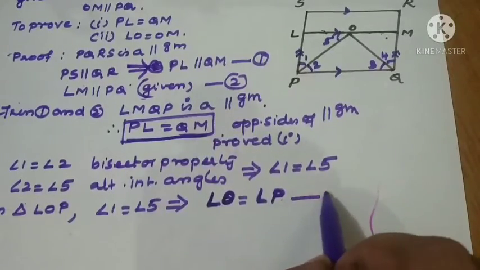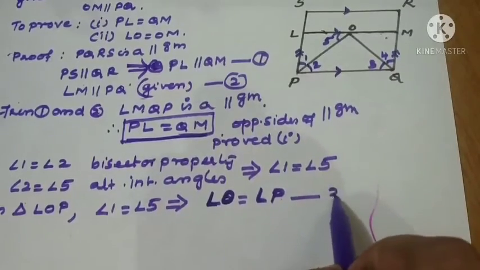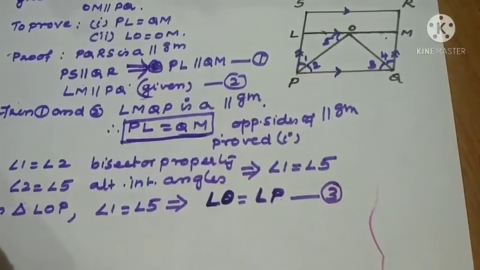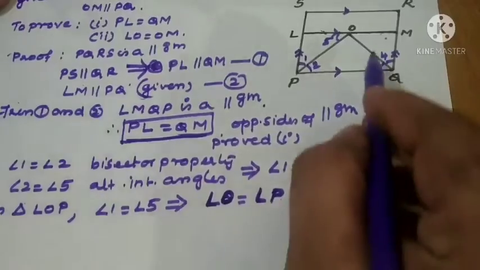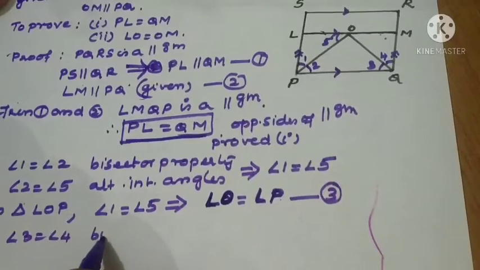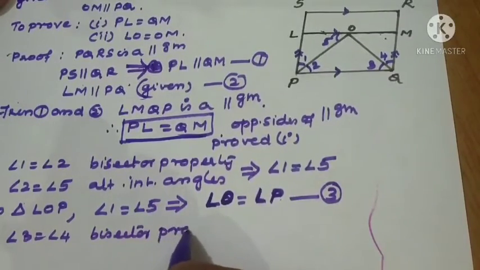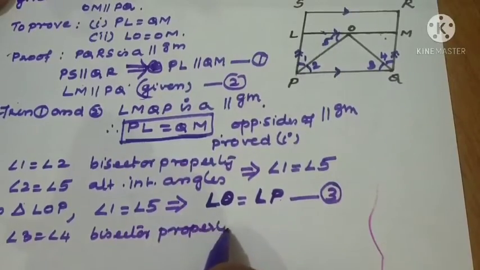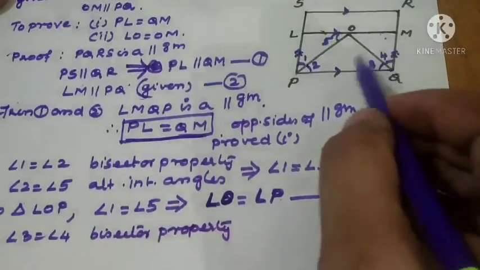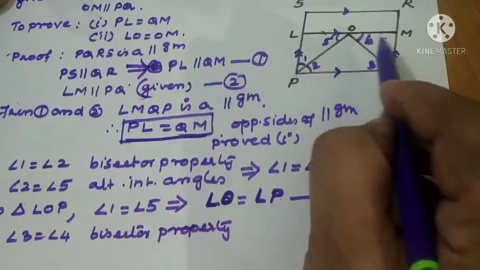Similarly, what we have to do? 3, 4 already there. Angle 3 equal to angle 4, bisector. Now let me put here 6, 5 already here, 6.